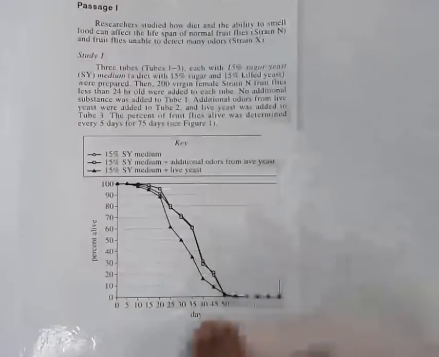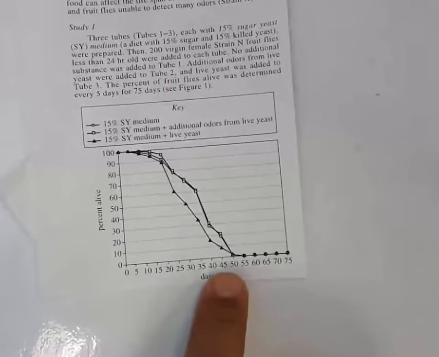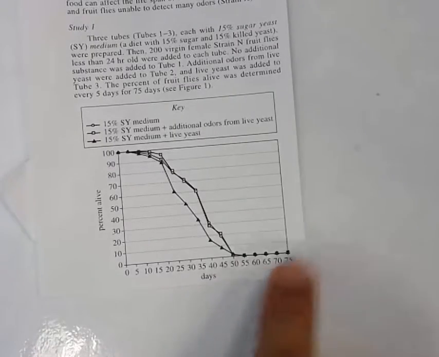Question 1. In which of studies 1 and 2 did some of the fruit flies live for more than 75 days, and what diet were those fruit flies fed? Okay, so in study 1, if we look here, none of the flies lived past 50 to 55 days, so that one's out.